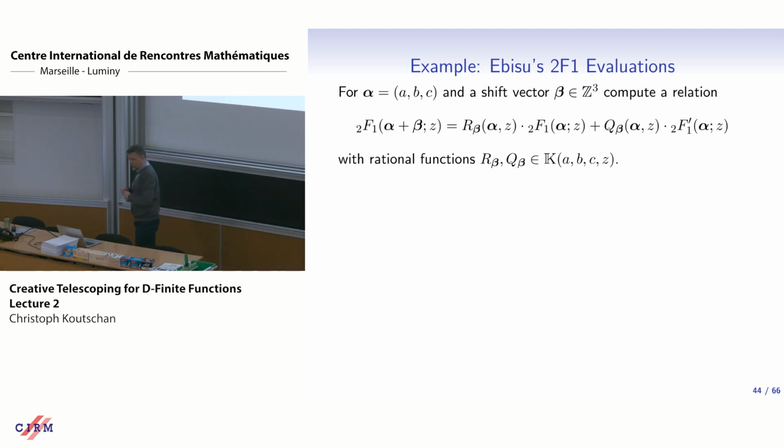And so here I show you how this works. This is a work by somebody called Ebisu, and he came up with a strategy to detect evaluations of 2F1 functions. And he has written a long paper. He found 100 of them, so there's many tables. And here is one example that I show you. And so how does that work?